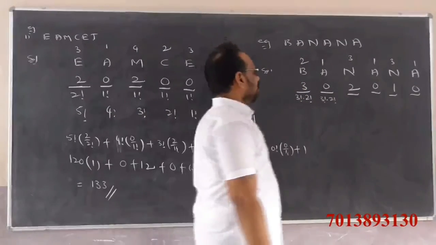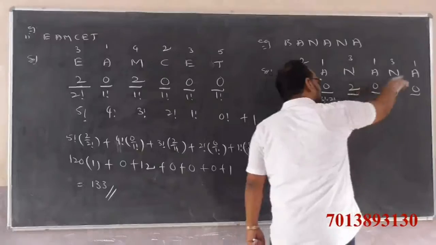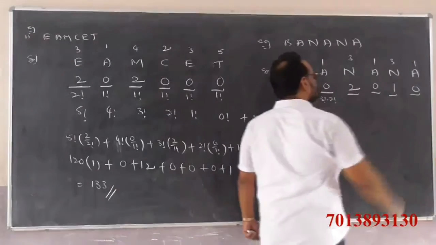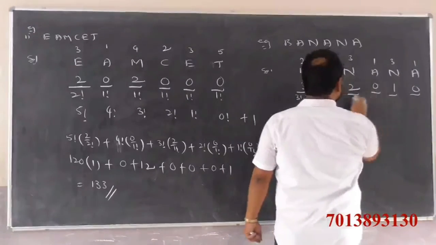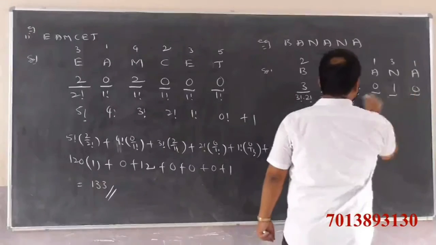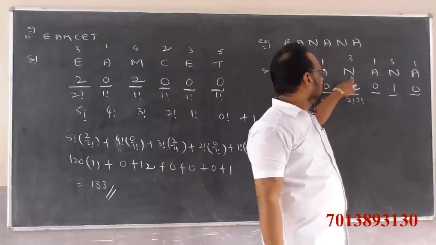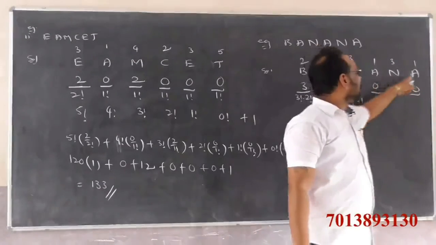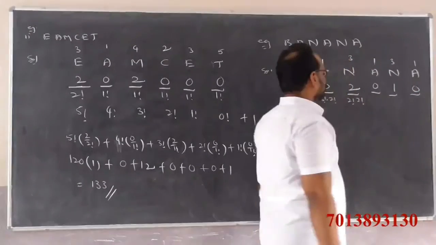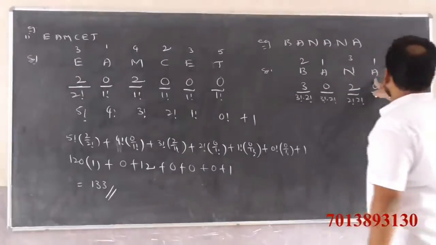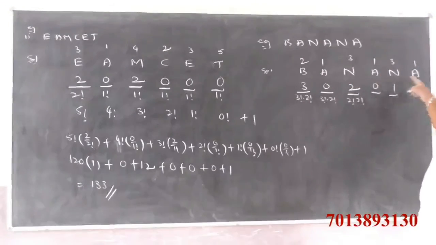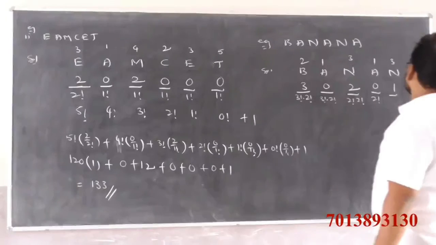Including N, how many of them on the right side are repeated? Including N is repeated 2 times, A is repeated 2 times, so 2 factorial. Next, including A, how many of them repeated means clearly A is repeated 2 times, so 2 factorial.